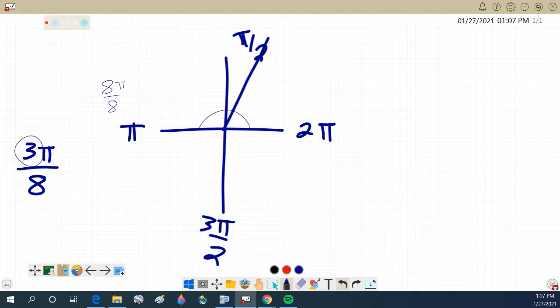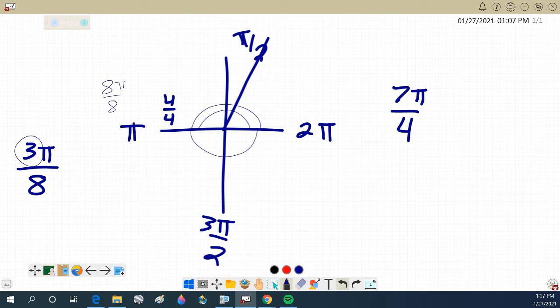Okay. What about 7 pi over 4? Where does that land? Four. Okay. How far is it to here? 1, also known as 4/4.